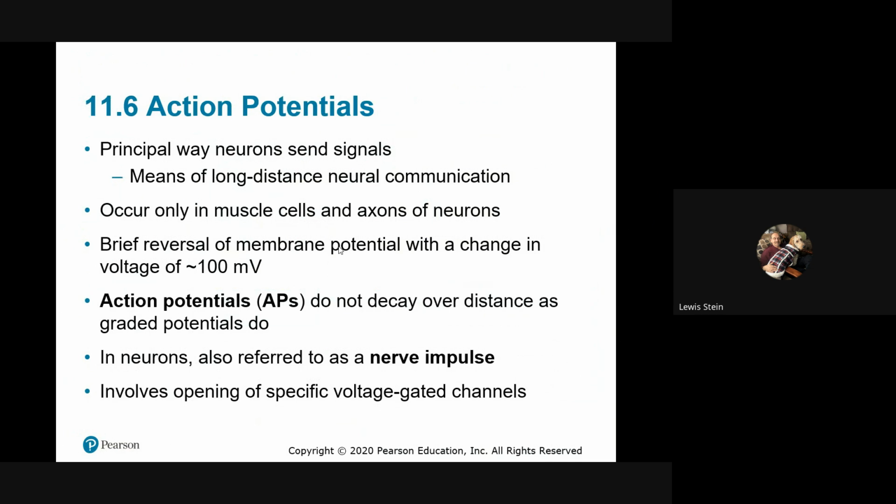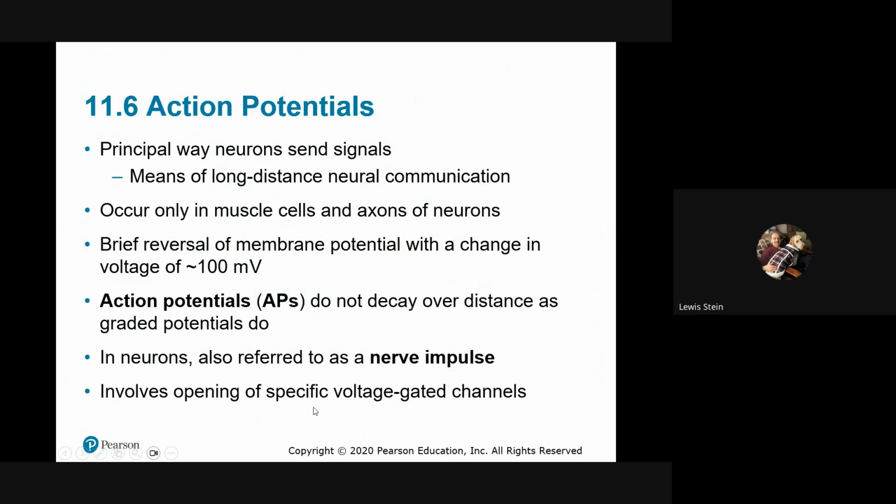It's a big change, 100 millivolts. It's an enormous change comparatively, so much so it does not decay. It's so strong, it creates a wave in that area of the membrane that carries down it. And you're going to see why, unlike muscle, which goes in every direction, this is just one direction. So we call it a nerve impulse.